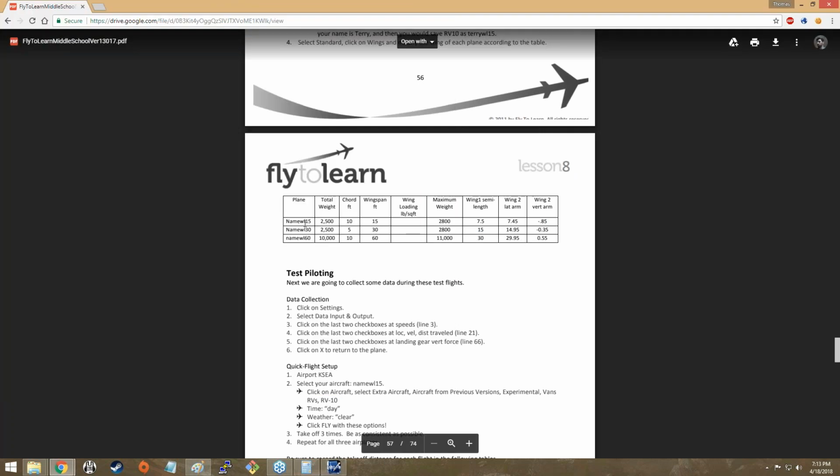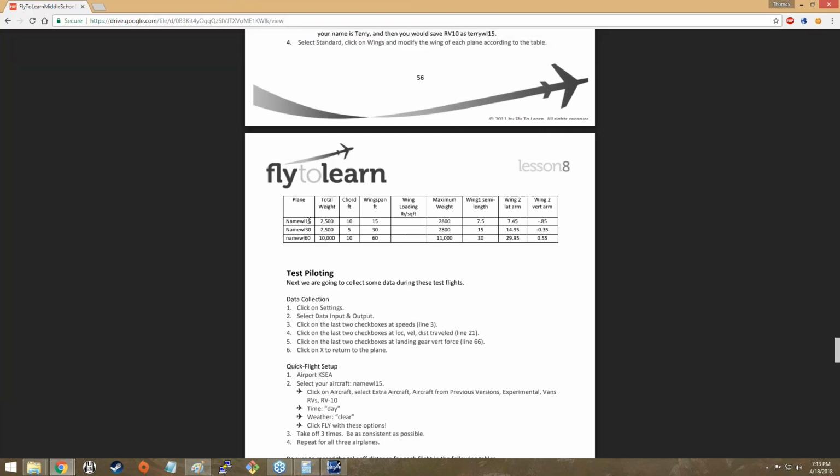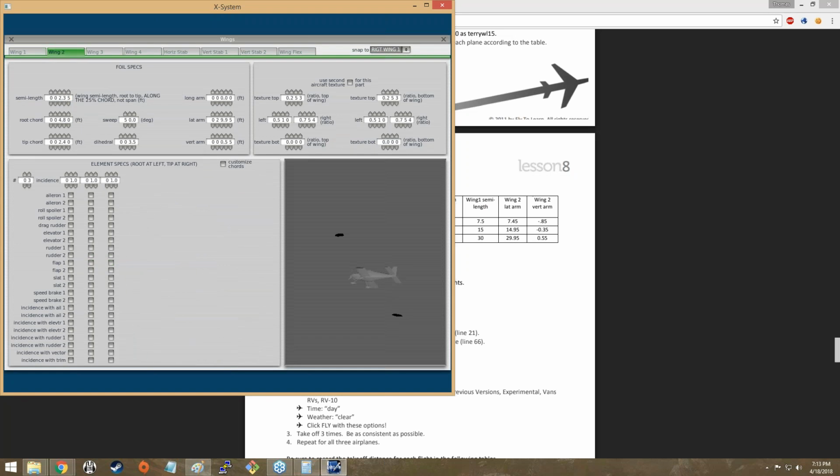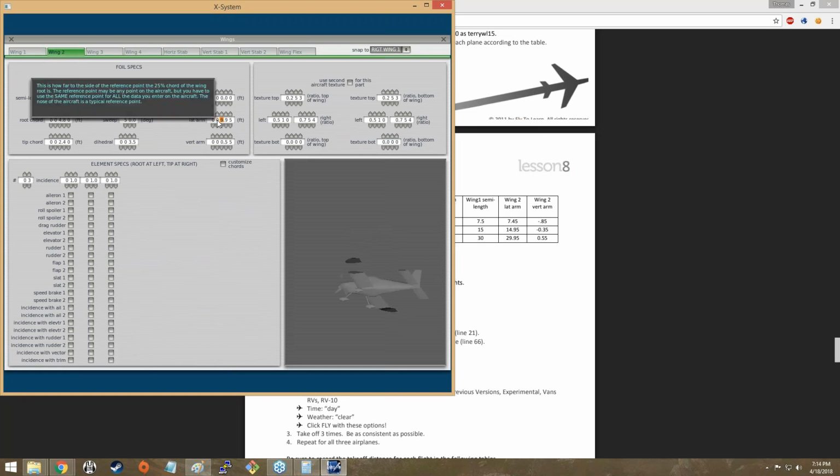And for each of these, so for the first plane, which is named WL15, the semi-length is going to be 7.5 feet. And then under wing 2, you put in the lateral arm, 7.45, and the vertical arm, which is negative 0.85.